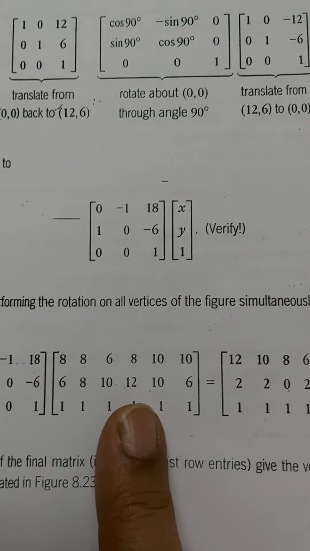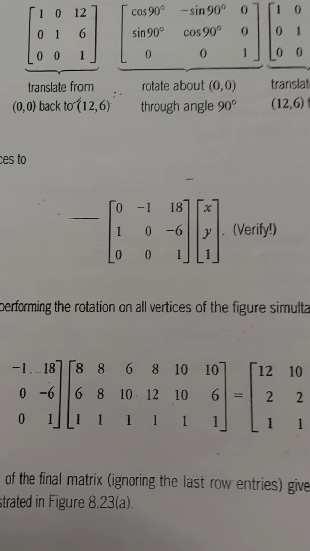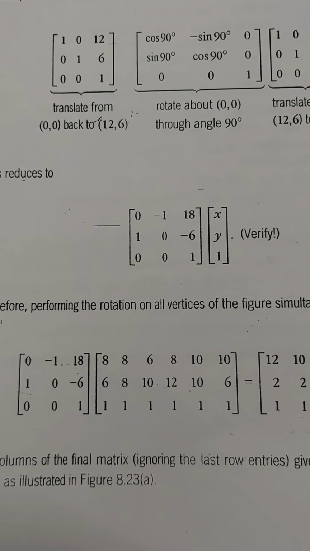Multiply it by the matrix we obtained in the previous step by multiplying the three matrices, the 3 by 3 matrix 0 minus 1 18, 1 0 minus 6, 0 0 1.